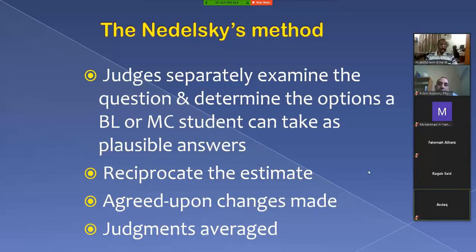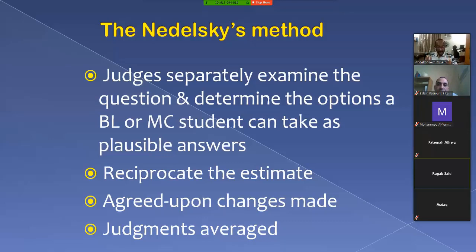Now, I am going to take question one, the MCQ, and usually we use four options, including the key. In the Nedelsky method, what we are trying to do is to calculate the guessing chance. What is the guessing chance for this particular question? Now, we look at the options and see which ones a borderline student can exclude straight away.